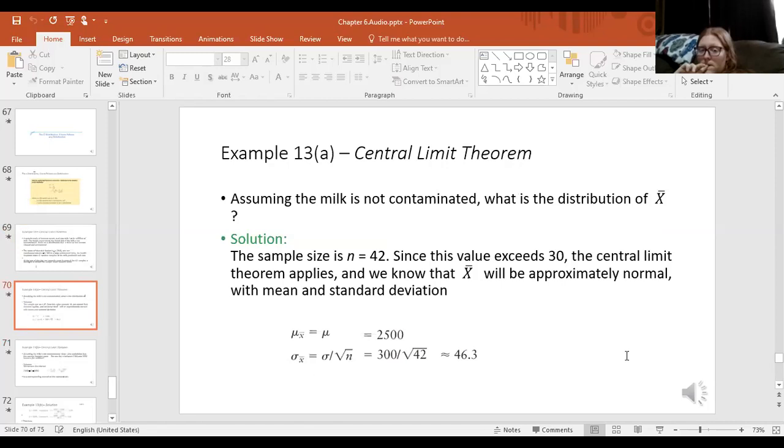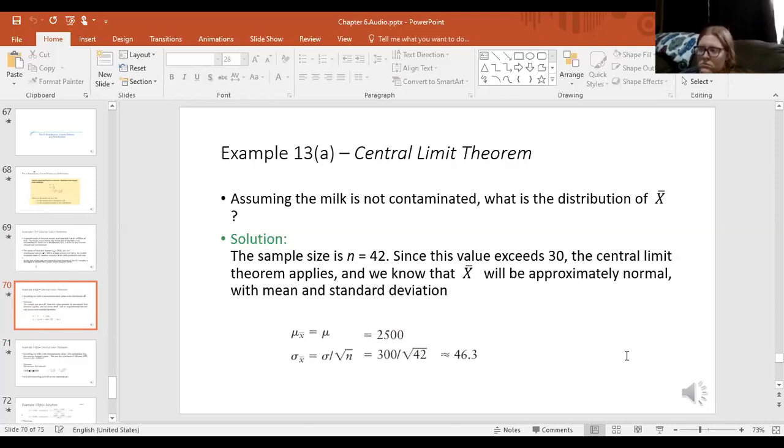Assuming the milk is not contaminated, what is the distribution of X bar? The distribution of X bar will be normal because the original distribution was mound-shaped symmetrical. If a distribution is normal, the distribution of the sample mean will be normal. Whatever the distribution is, the distribution of the sample mean will be approximately normal if the sample size is above 30, like in the case we have here. Even though the sample size exceeds 30, because the original distribution was normal, X bar will be normal.